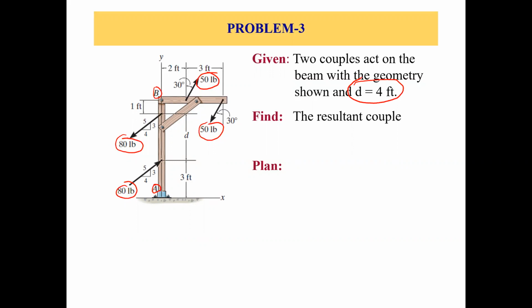If you consider these two forces of 80 pounds, they are equal in magnitude, opposite in direction, parallel forces, and they have this 4 feet perpendicular distance between them. So that's how we can say that we have these two couples acting on this structure. Now, let's come back to the requirement. We need to find the resultant couple.